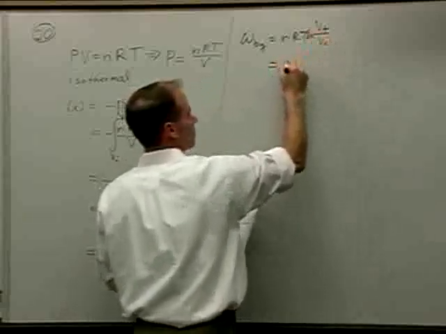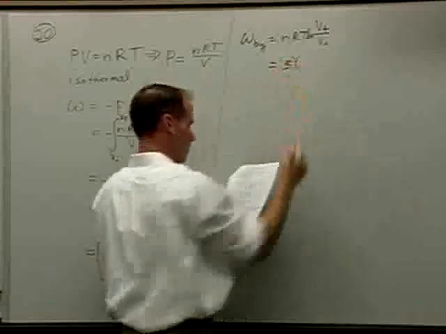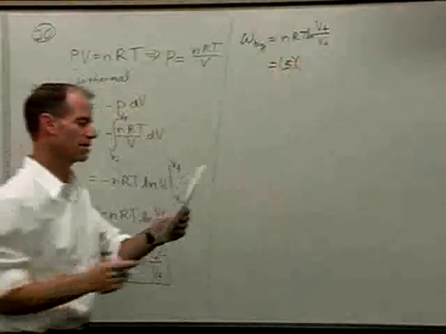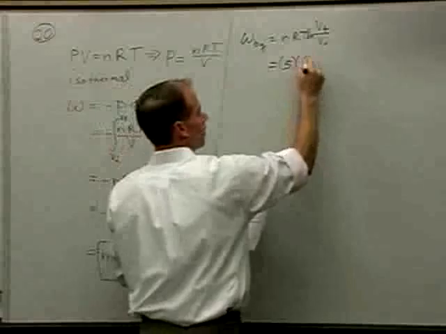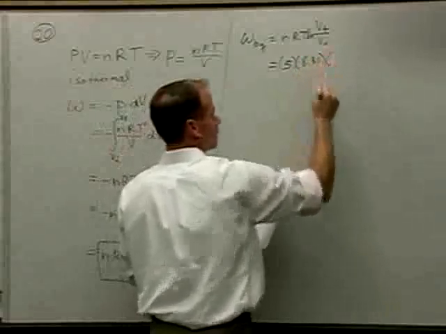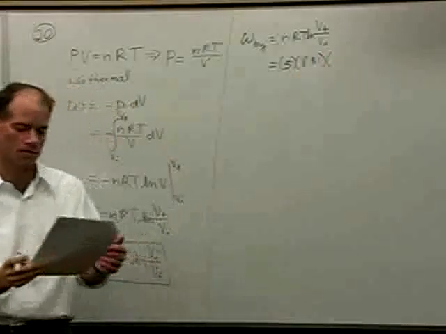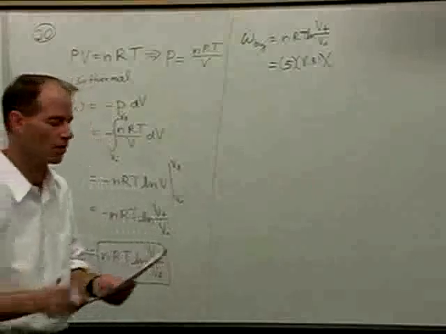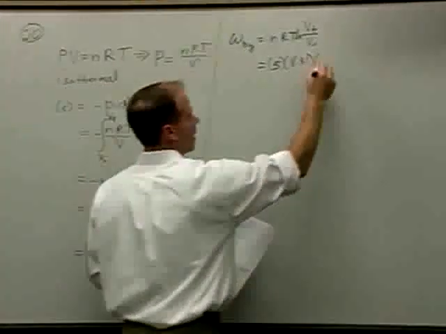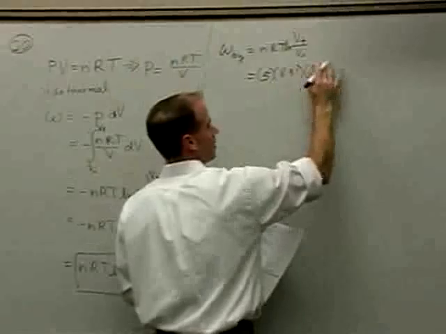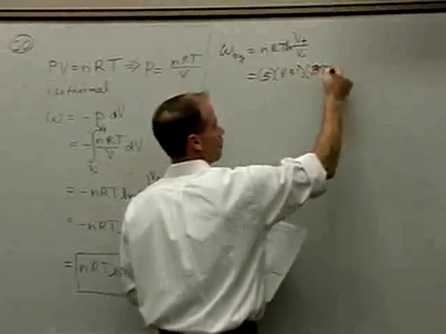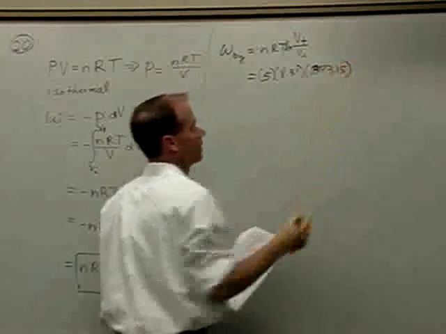We have 5 moles. Our gas constant is 8.31. Our temperature is 100 degrees C. We want that in Kelvin, so that will be 373.15 degrees Kelvin.